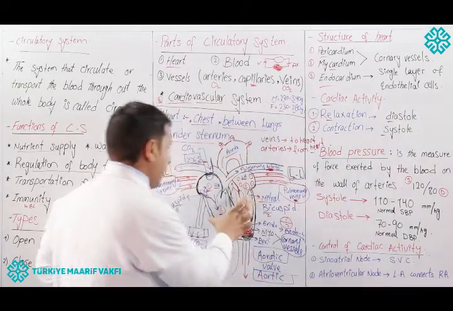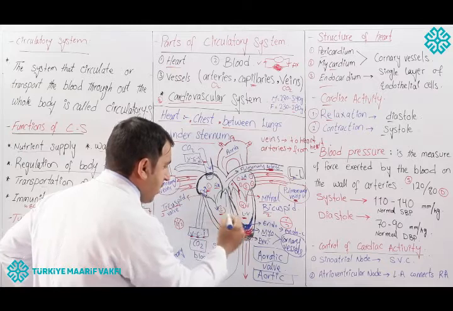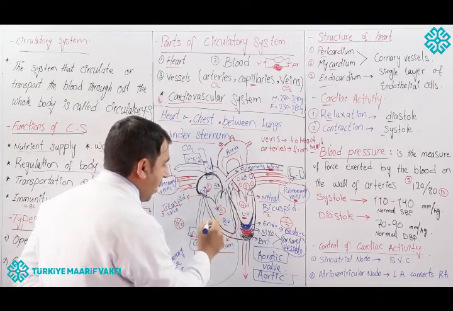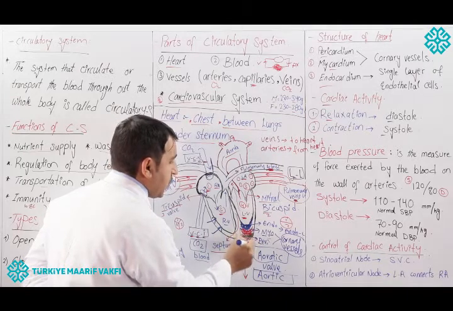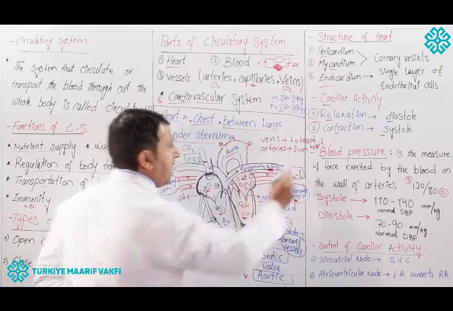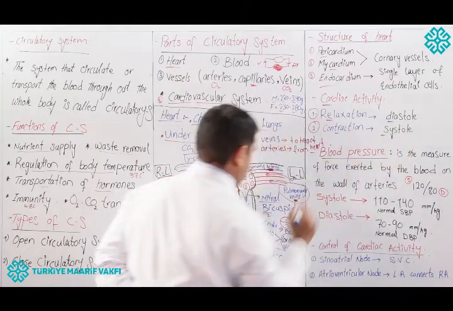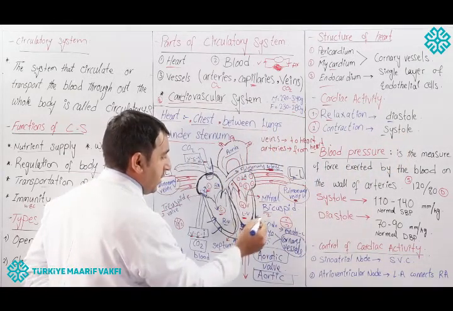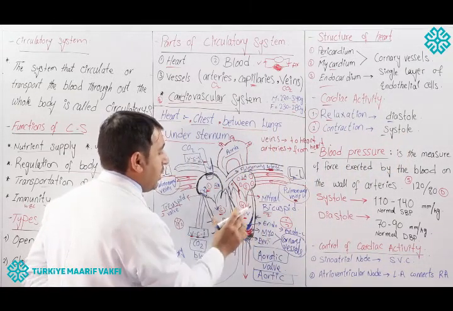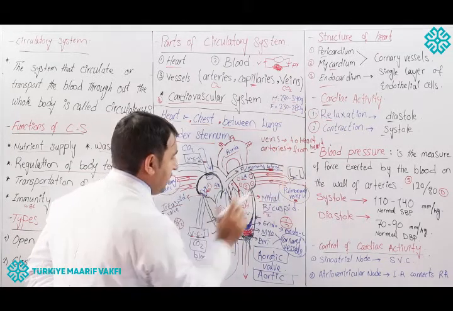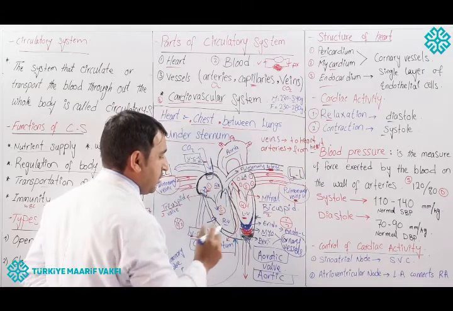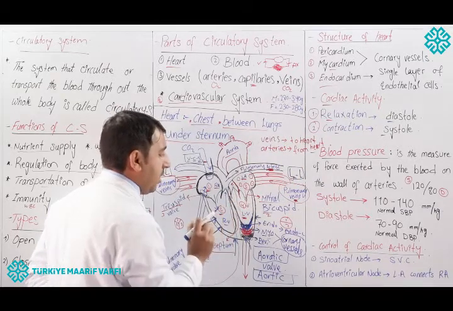For example, when the heart ventricles, right and left ventricle, contract at the same time, we can say that it is the systole condition or state. It is in the systolic state. So the ventricles are contracted simultaneously.